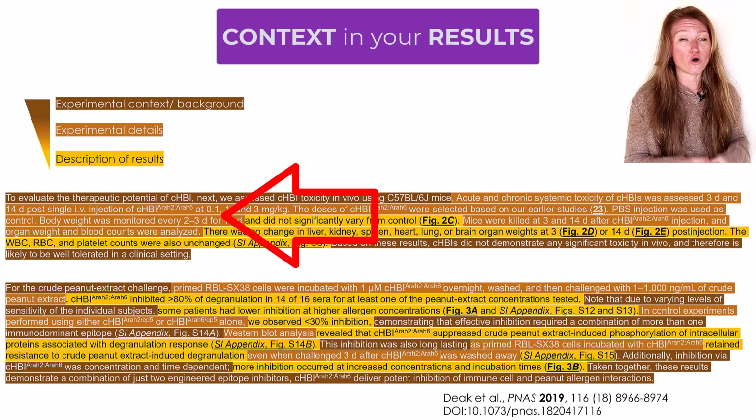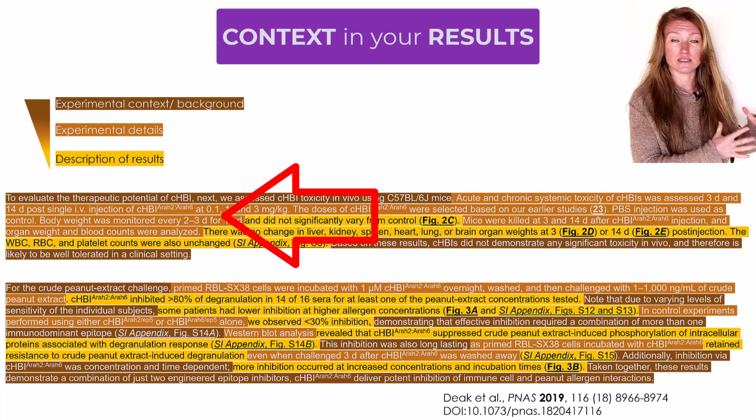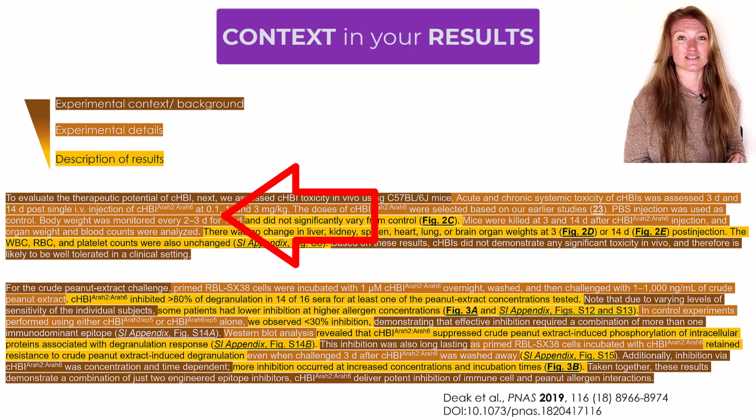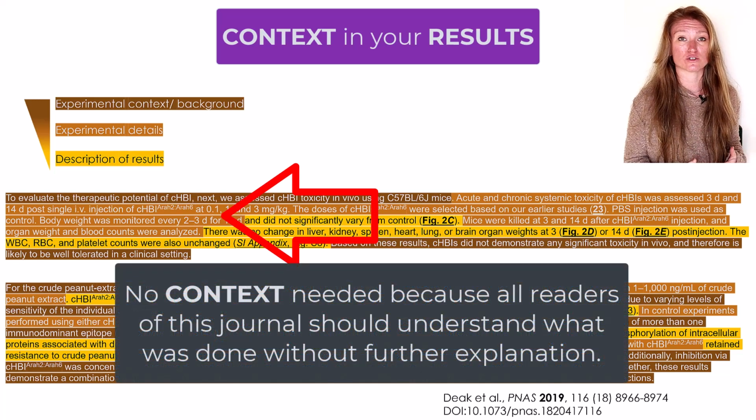So here, all of the context is provided at the beginning and at the end, like I just explained. That is because this experiment, with its specific results and the specific way the experiment was done, is something that the writers pretty correctly assumed that every reader of their target journal was going to be able to understand and interpret for themselves. So this is talking about a toxicity study here.